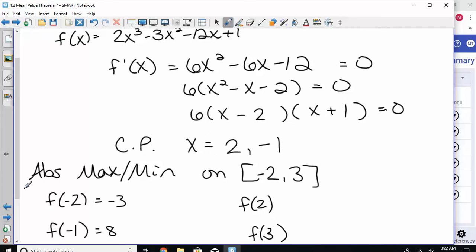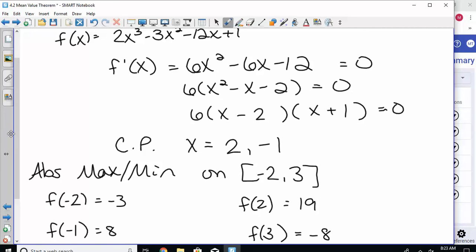If you put in a 2, you get 19. And if you put in a 3, you get -8.